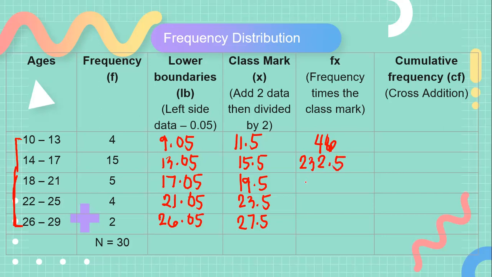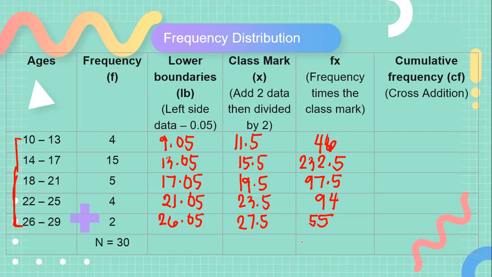Then 5 times 19.5 is 97.5. Then 4 times 23.5 is 94. Then 2 times 27.5 is 55.